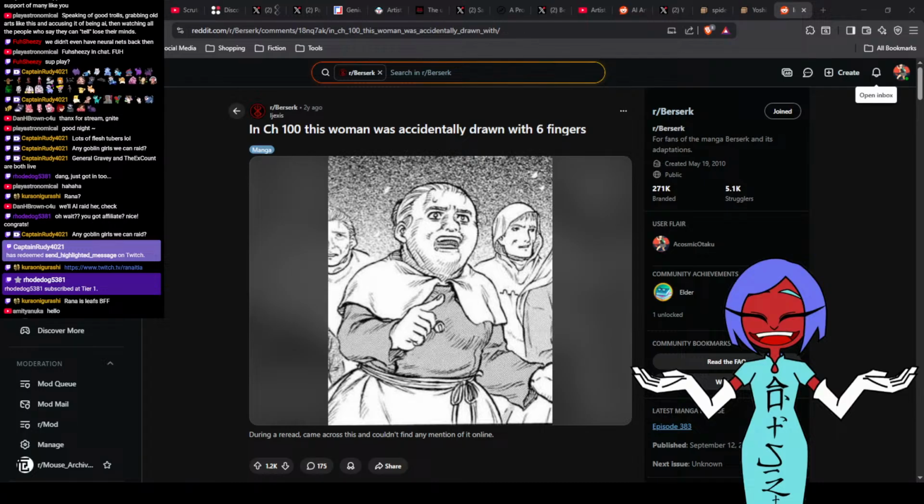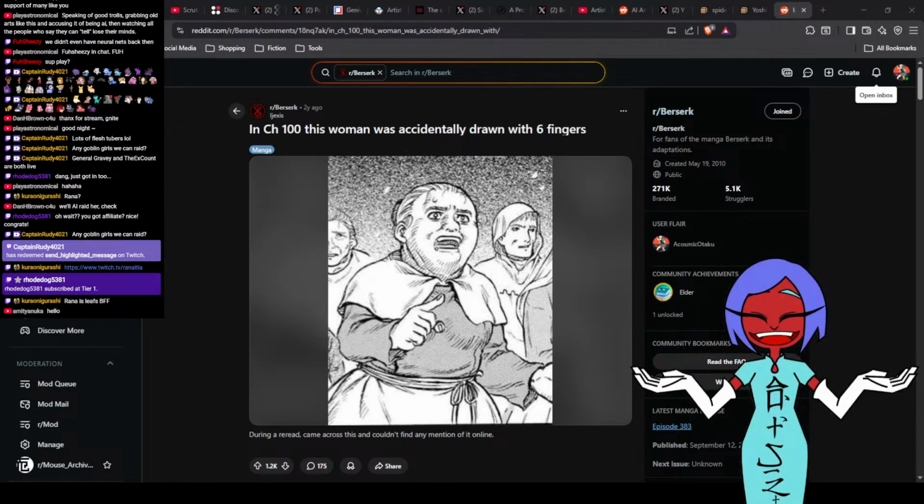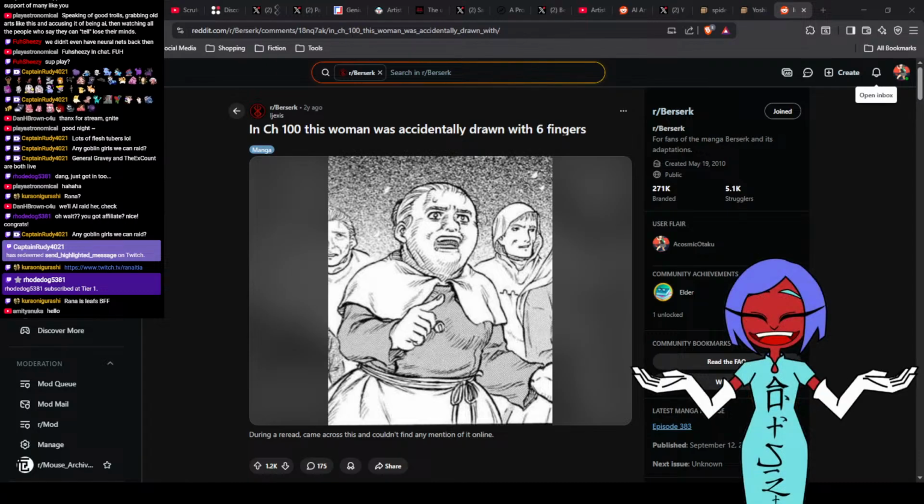I just want to make sure that that's actually her. Hello, Amity. We're actually in the process of figuring out who it is we're going to raid. What was the highlighted... Okay, I don't know what the highlight was for. You redeemed a highlighted message, but I don't know what it was for.